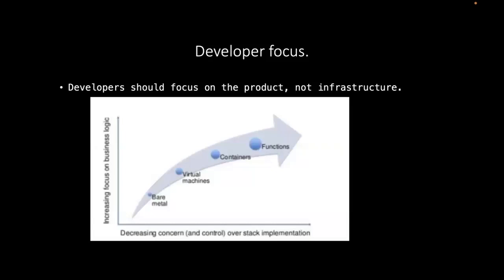Then, when virtualization came about, they were removed from being concerned about physical hardware, but they did have to concern themselves with configuring and maintaining virtual machine instances. That's the previous generation. Now in the serverless world, all we're concerned with is the actual functionality, the code itself.